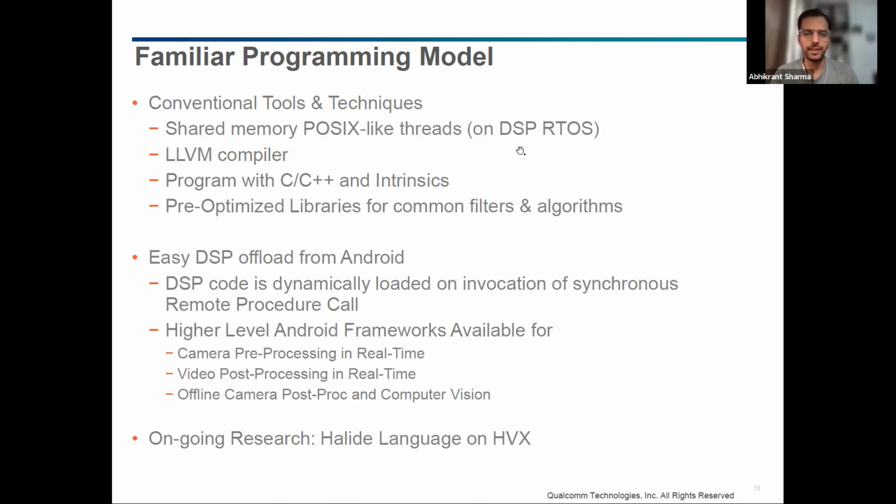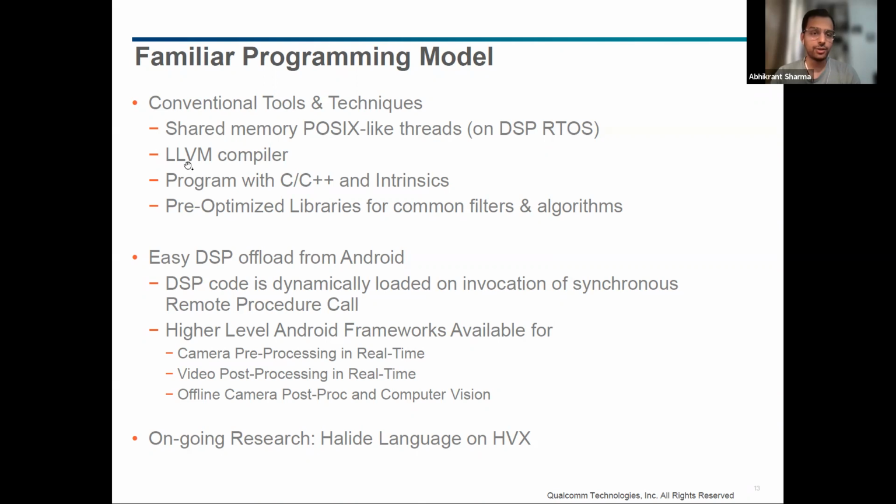So the DSP RTOS ensures that the Hexagon DSP supports all POSIX-like APIs, and you can easily use your pthreads and thread join and all such APIs which you would have been using in any normal Linux program or whenever you're writing a Linux kernel which does multi-threading.